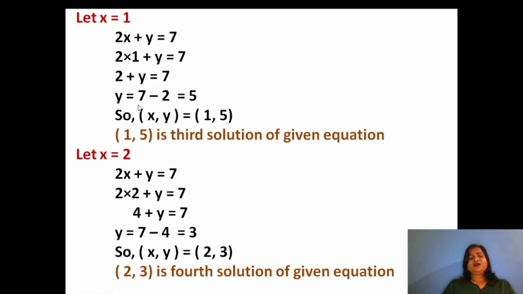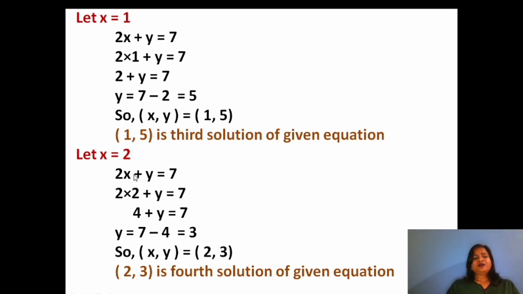So y is equals to 5. You can see x, y is equals to 1, 5, because 1 is the value of x and 5 is the value of y. 1, 5 is the third solution of the given equation.